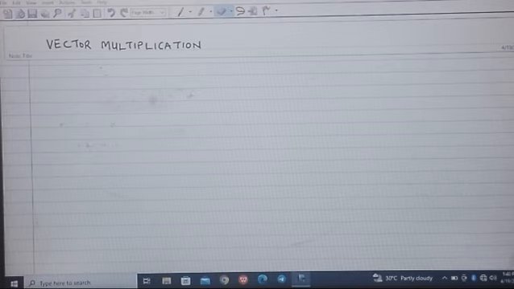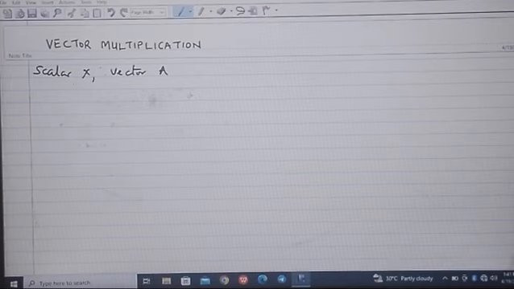So assuming I have a scalar, let's say x, and I have a vector a. I can multiply this vector by the scalar to give a new vector, let's say b, which is x times a.